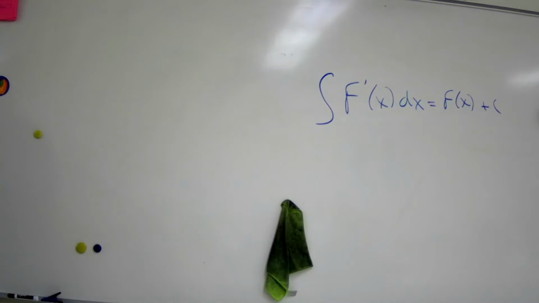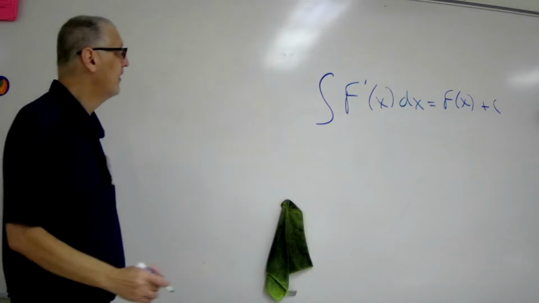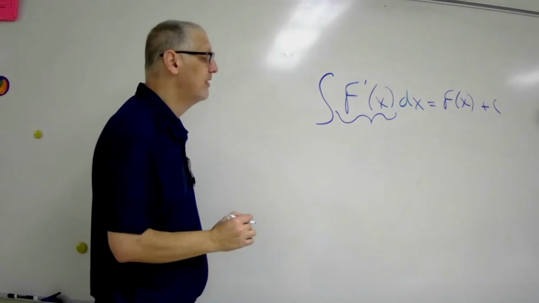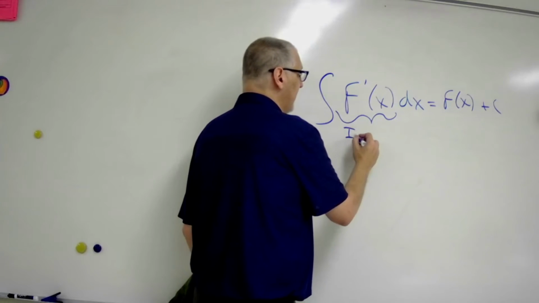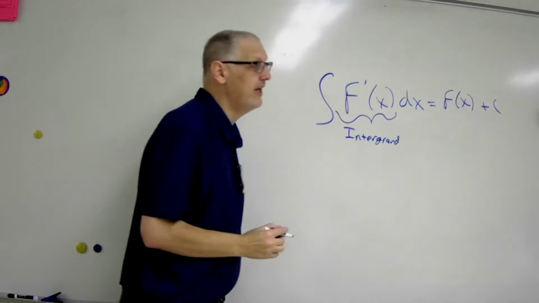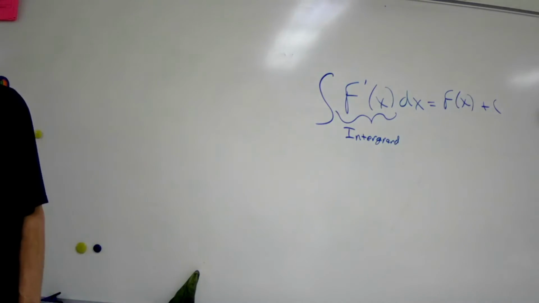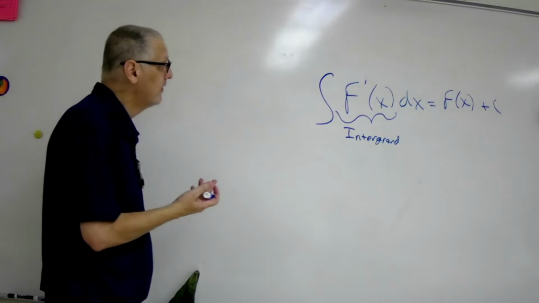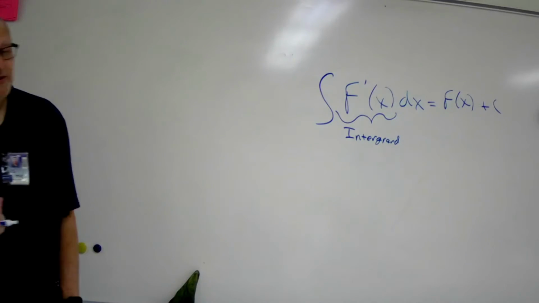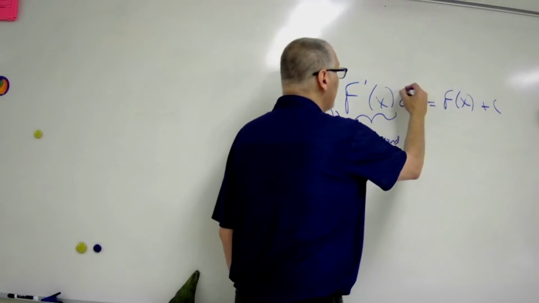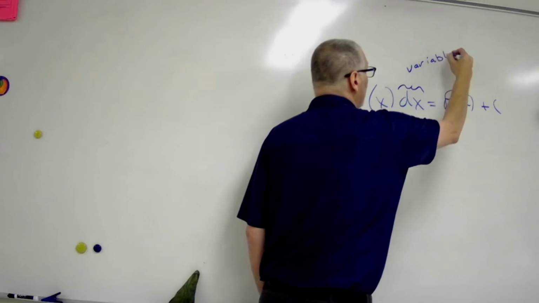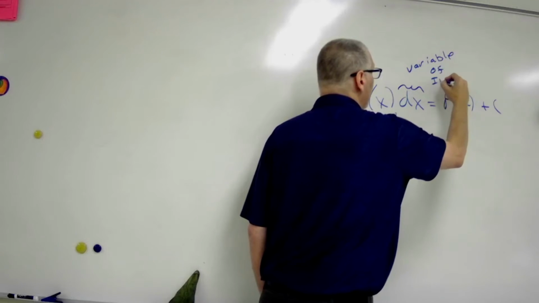Kind of looks crazy, right? This part right here, yeah, I'm just using capital F. This is the integrand. So the integrand is the functional part, the function part of it. This right here is the variable of integration.